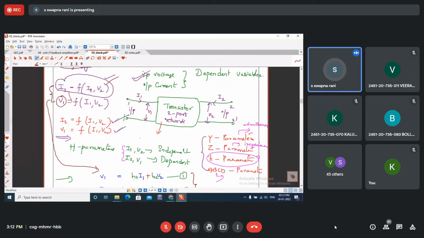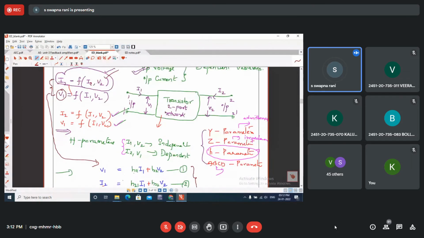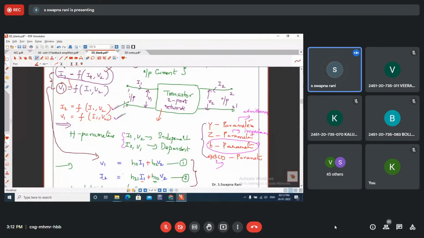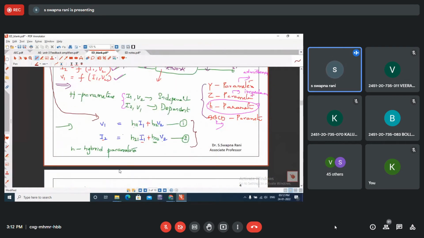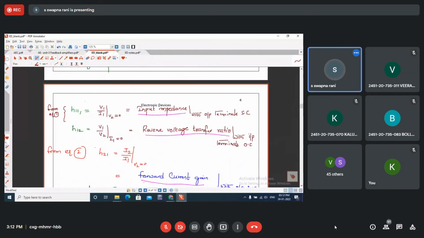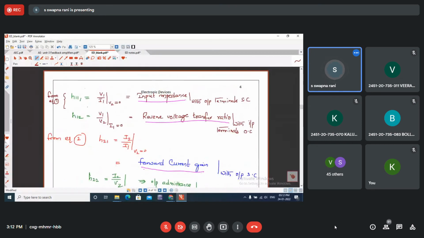Removing the function, we have written the proportionality constants h11, h12, h21, h22. That's all. These are the definitions of h parameters: input impedance, output admittance, reverse voltage transfer ratio, and forward current gain.